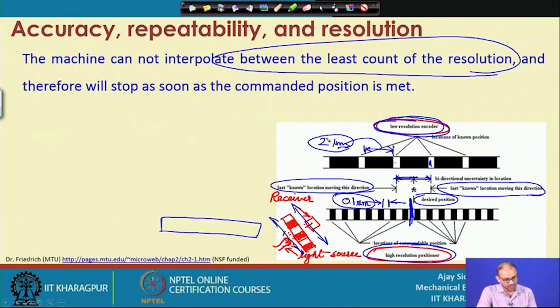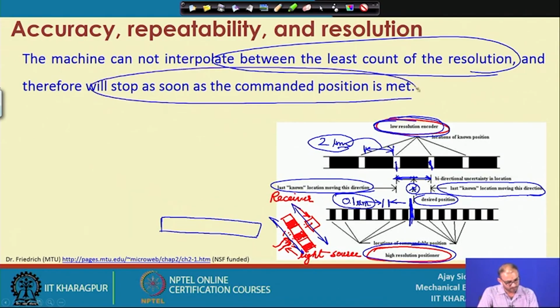Then what will it do? If you still use this, then if you want to reach that location, your actual machine will not reach that location, but it will go either to this location or this location, and it will stop as soon as the command position is met.